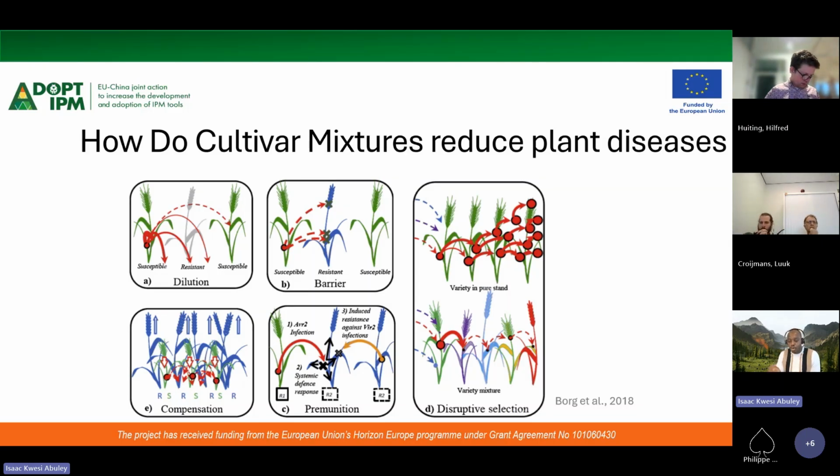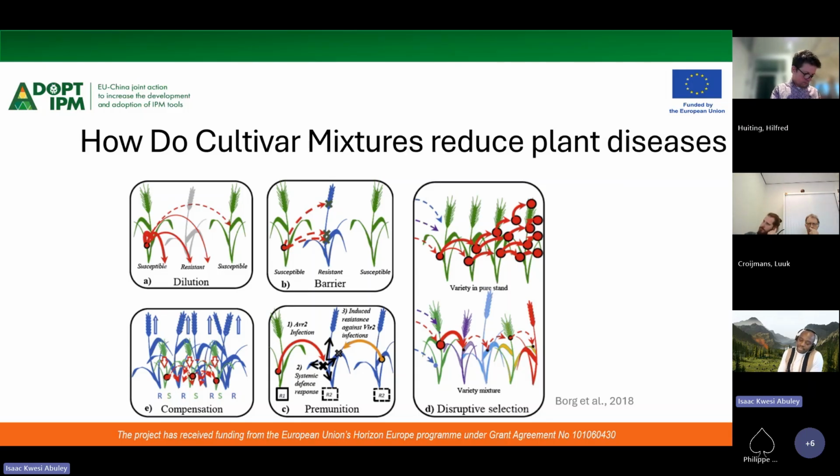So they evolve over and over again, so their evolution or selection is not disrupted. So there is a high chance of selecting a highly virulent pathogen in such a system. On the other hand, where there are different resistance profiles, a pathogen must evolve multiple virulences to be able to overcome all of them, and that becomes more difficult. We call this disruptive selection.